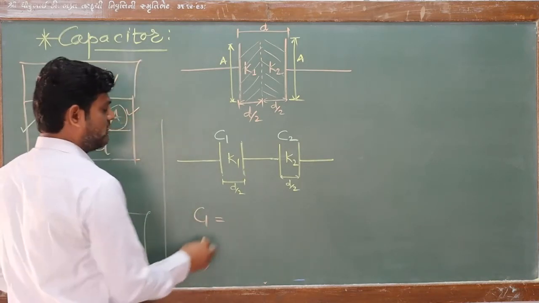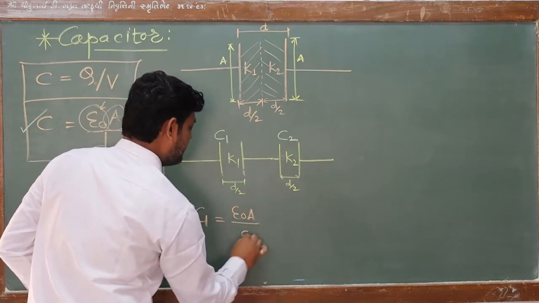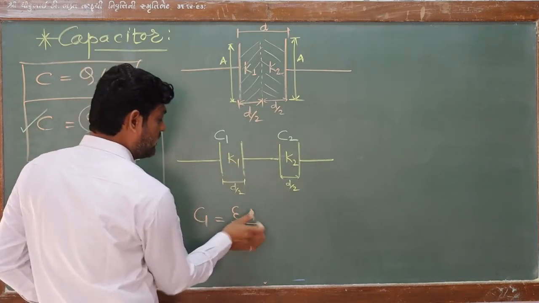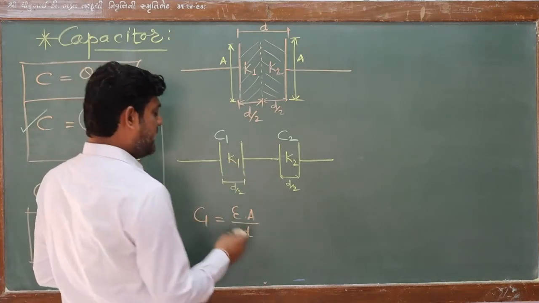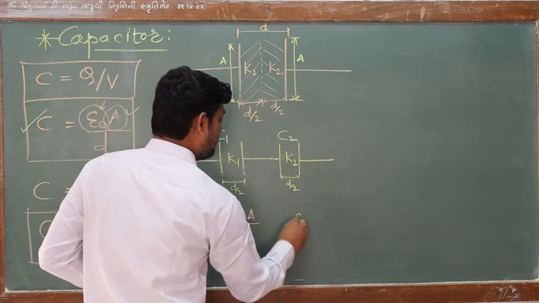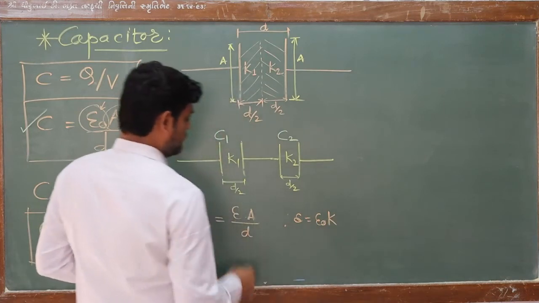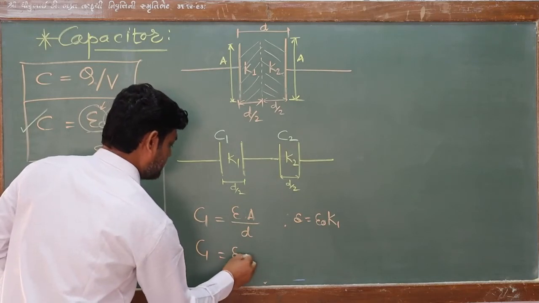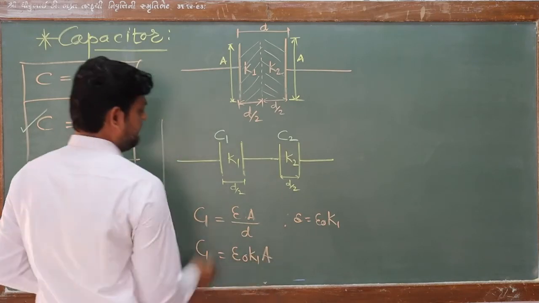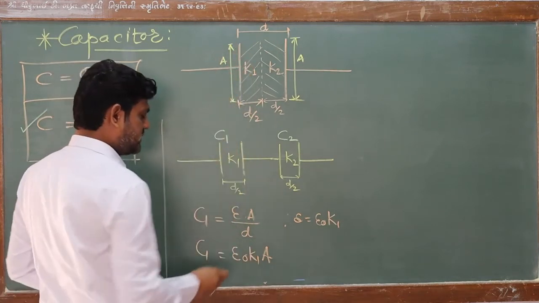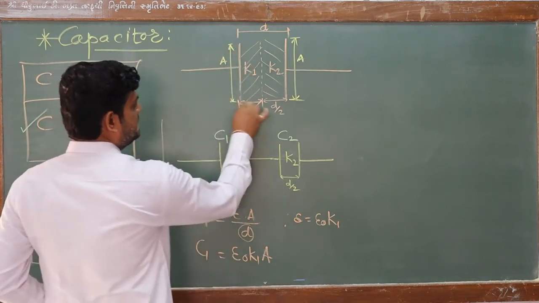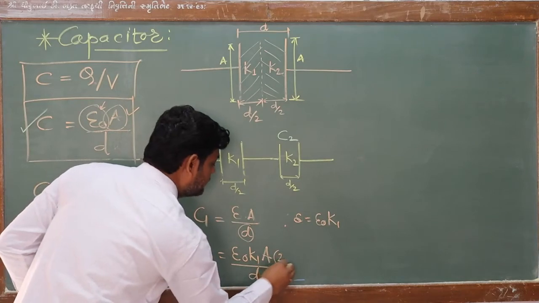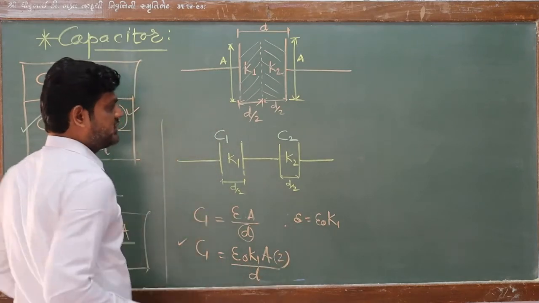C1 equals the basic formula epsilon 0 A by D. But here the dielectric medium is present, so we write only epsilon A by D, where epsilon equals epsilon 0 K. Here K is K1, so C1 equals epsilon 0 K1 A by D by 2. A remains as it is, the area of the plate does not change, and D is now D by 2. This is the value of C1.